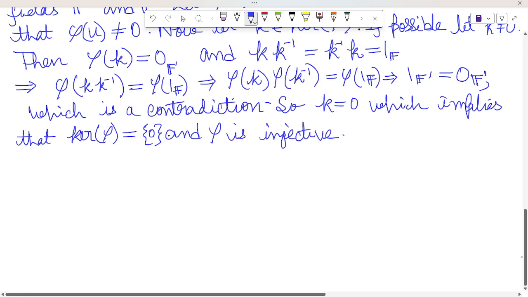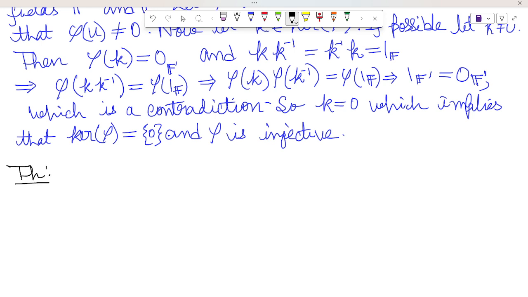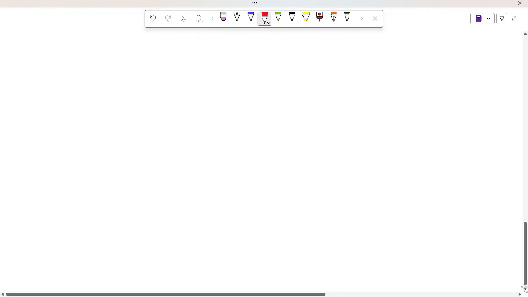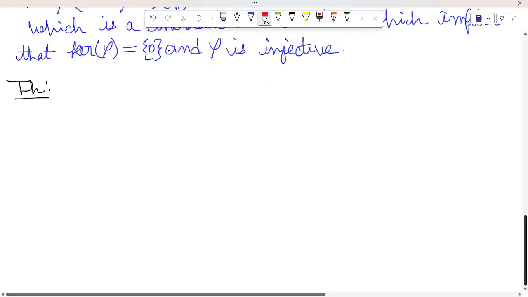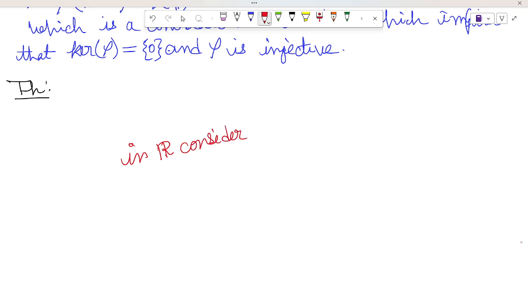Next theorem is very important for splitting fields. What is the theorem? First let me motivate. You already know, consider x square plus 1 equal to 0.